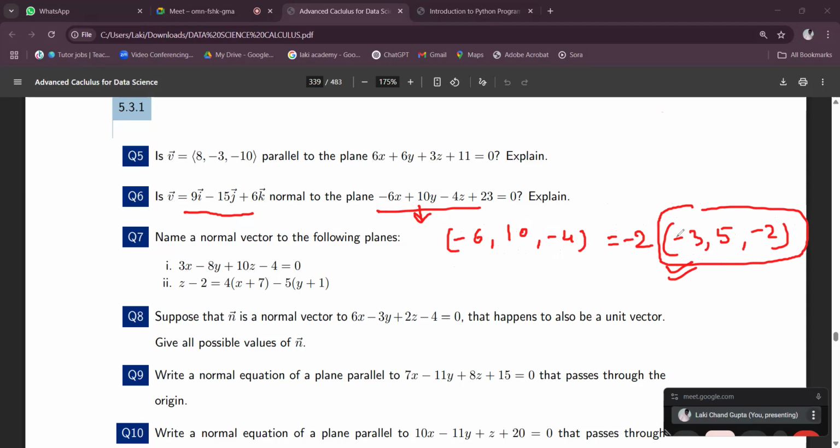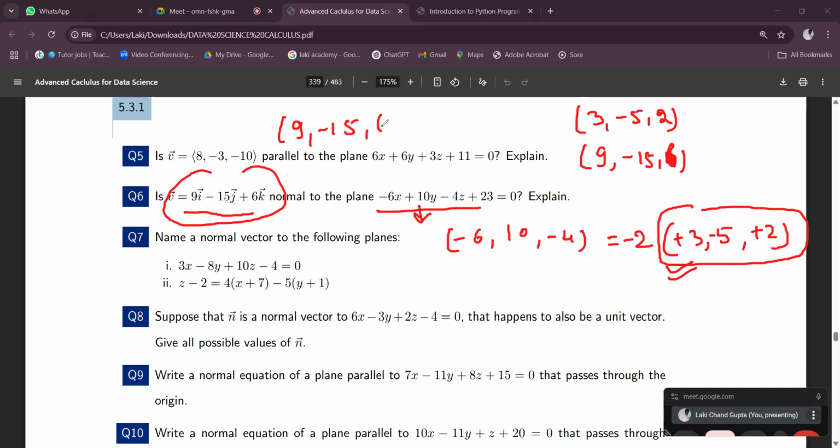You can also take the minus common. So what do you have right now? When you multiply here with 3, you will get what? So you are getting the same thing? Yes. So you can say this vector is normal to this vector.